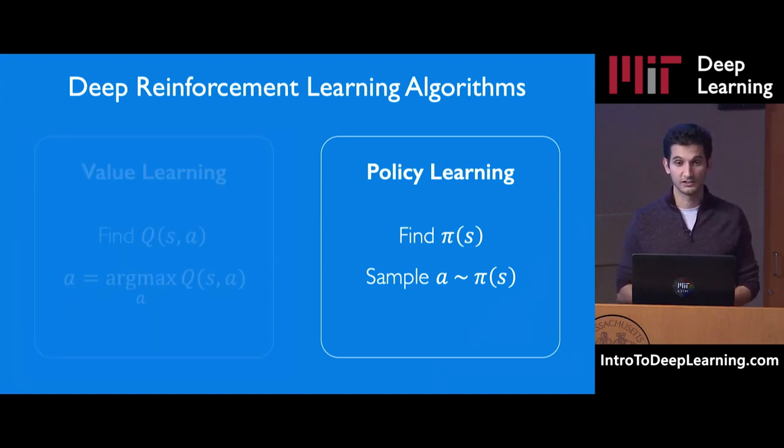Now, in policy learning, we're simply going to directly learn the policy that governs our ideal action-taking steps. If we have that policy function, that's a function that takes as input a state and outputs an action, we can simply sample from that function, give it a state, and it will return an action.